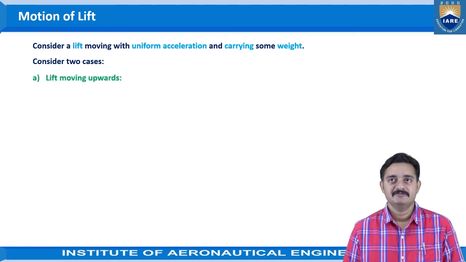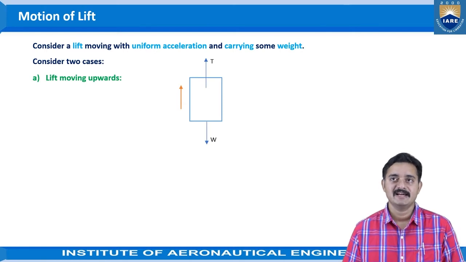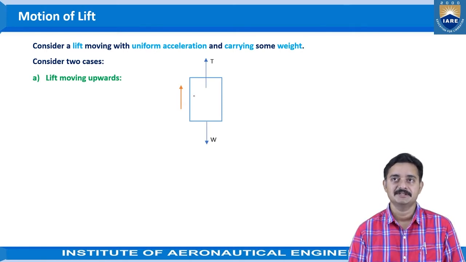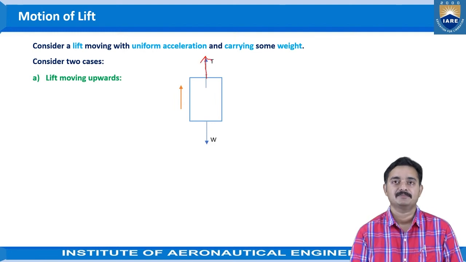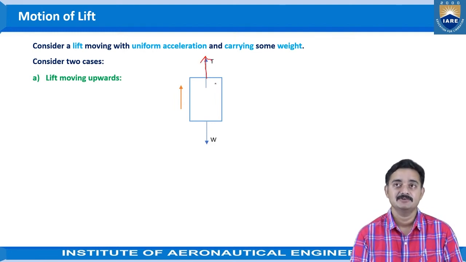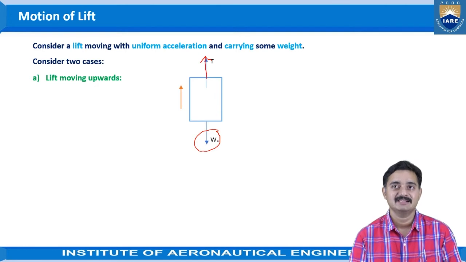When we consider the lift moving in the upward direction, this is the free body diagram of the lift, where the lift will be tied using a steel wire. The weight of the lift along with the passengers or the load would be acting in the downward direction.